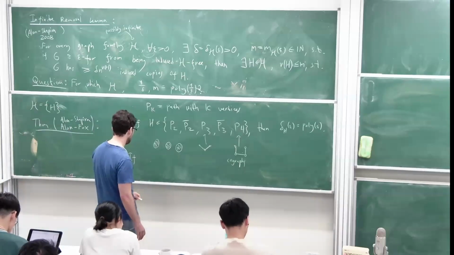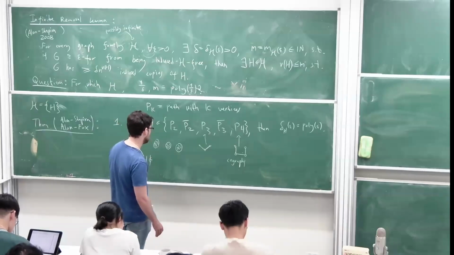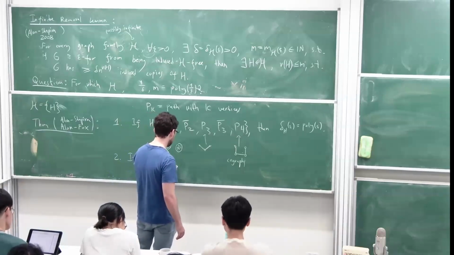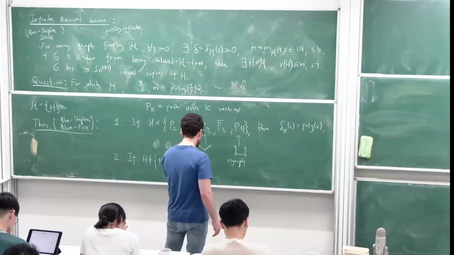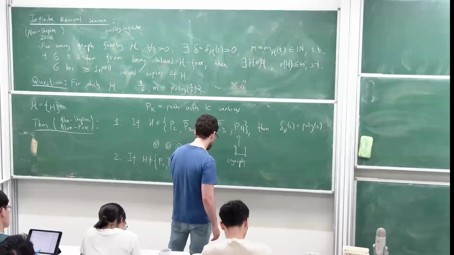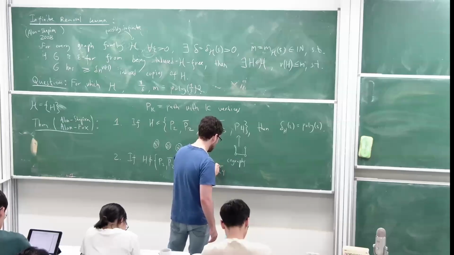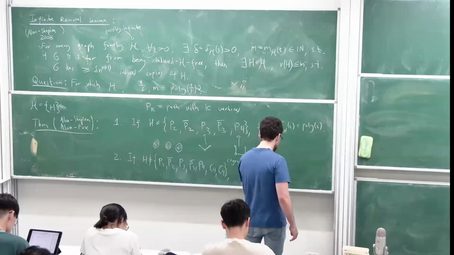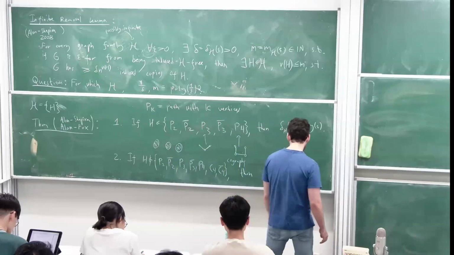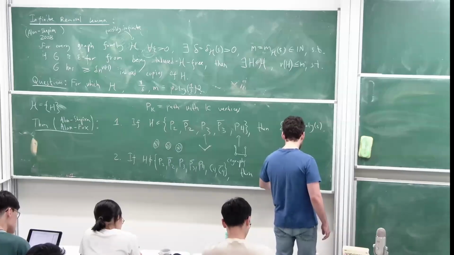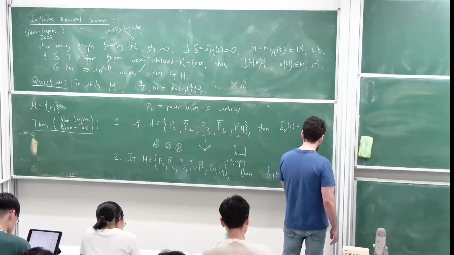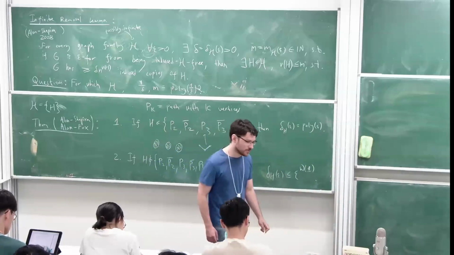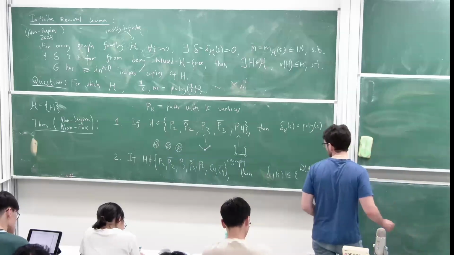So if H is not any of those graphs, and is also not C4 or the complement of C4, then it's not polynomial for the induced case. So you see that the only graph for which we don't know this is C4.